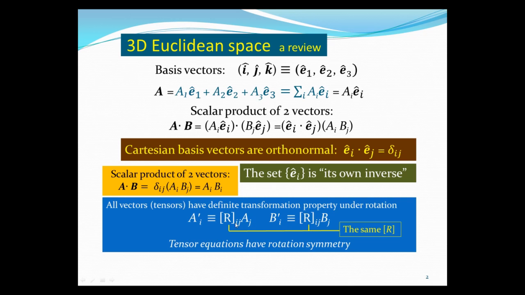The important thing to note is that A and B may be different, but the rotation matrix is the same for A and the same for B. So if I rotate 30 degrees for A, I rotate 30 degrees for B, the same. We say a tensor equation has rotation symmetry if you write it in tensors.